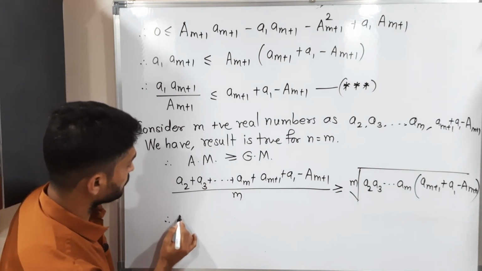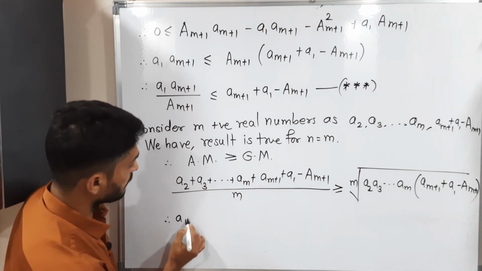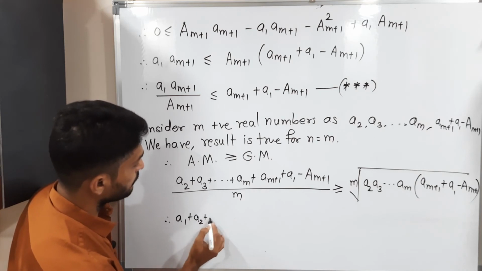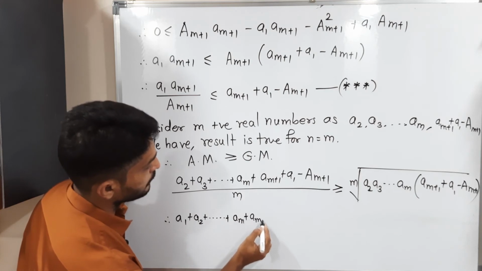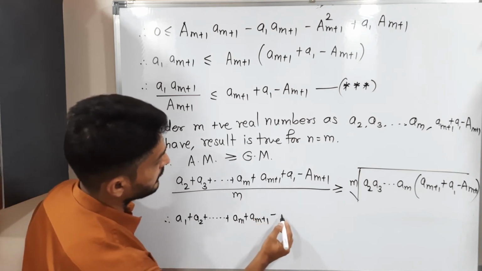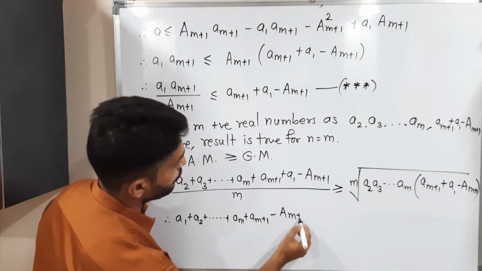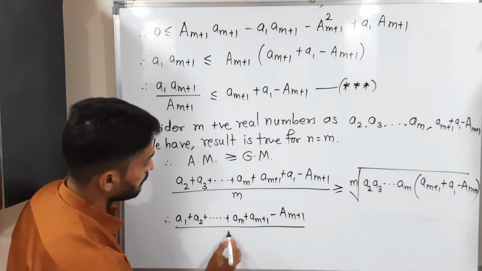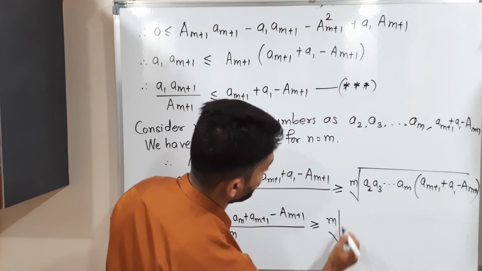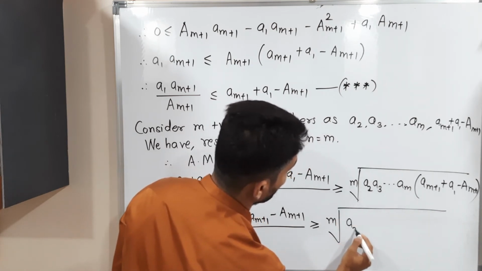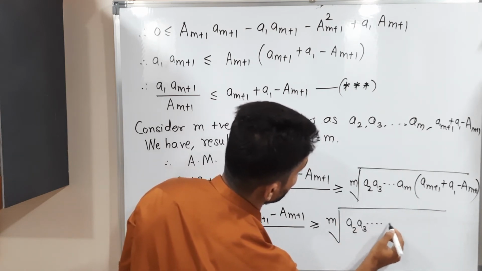Therefore a1 plus a2 plus and so on to am plus 1, we have n a, minus am plus 1, divided by m, greater than or equal to the m-th root of a2, a3 and so on.